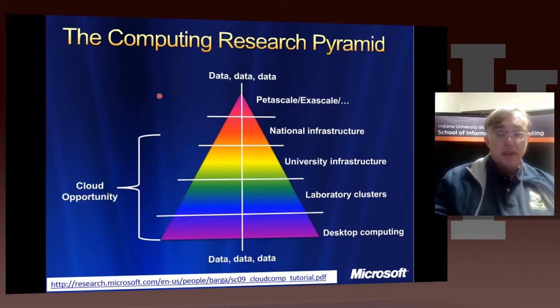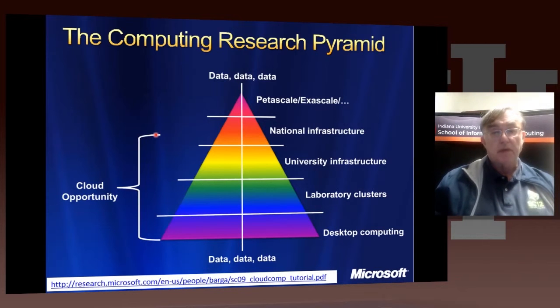Eventually, clouds will probably extend further up there, but at the moment, with current virtualization and technologies, they're not so good at the very highest end computation, which require low latency and no overheads. Virtualization produces problems because the virtualization of the network means that you can't guarantee nodes are near each other.